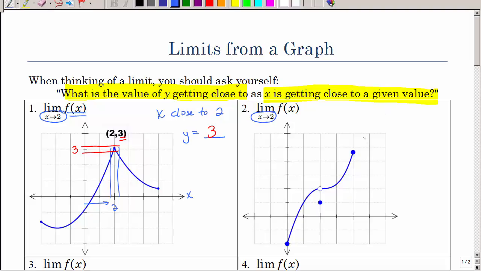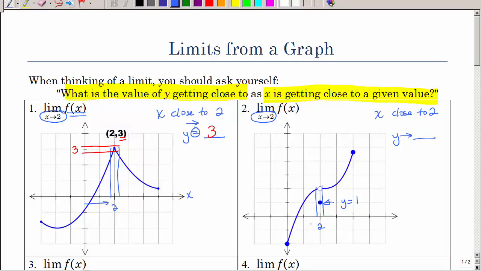Same question, different graph. As x gets close to 2, what is y getting close to? I really shouldn't have put an equal sign there. I'm going to put an arrow saying what it got close to. So here's our x value. What did y get close to? Well, here, when x equals 2, y equals 1.